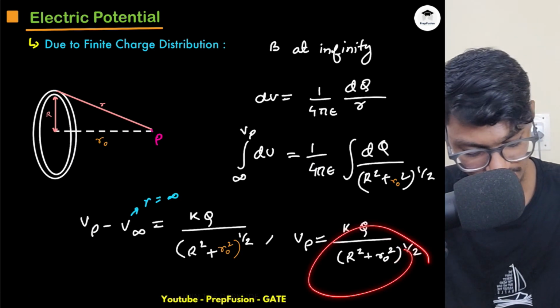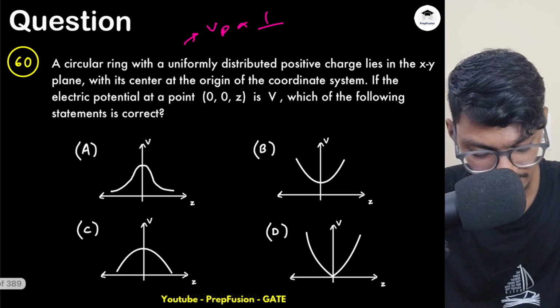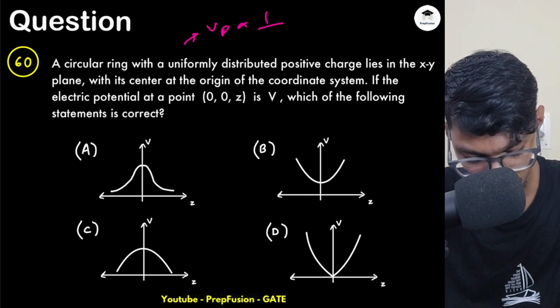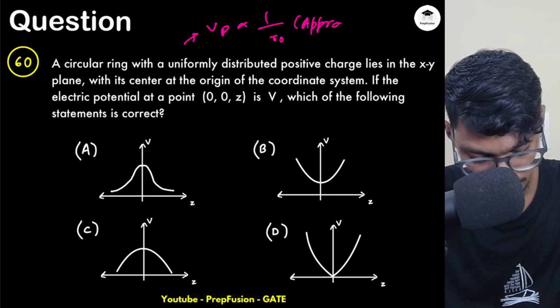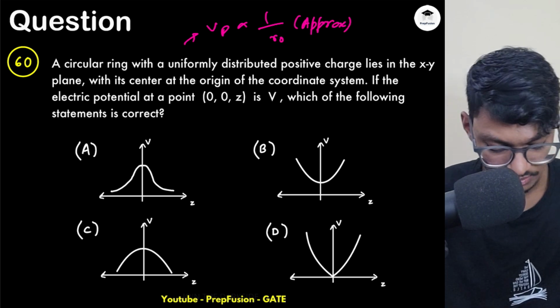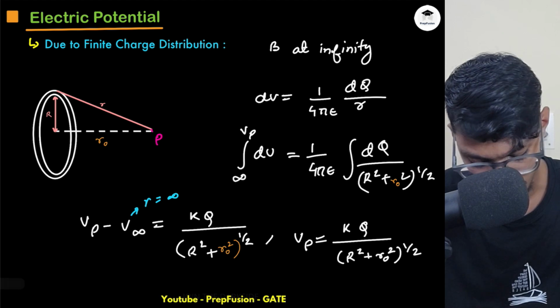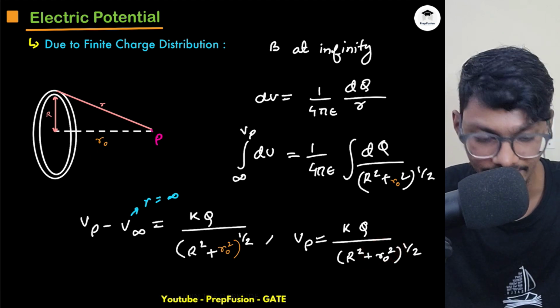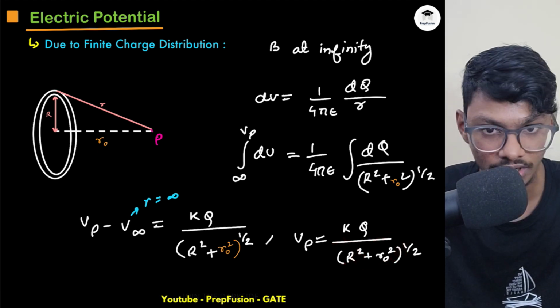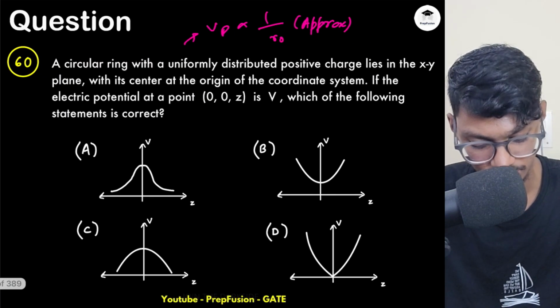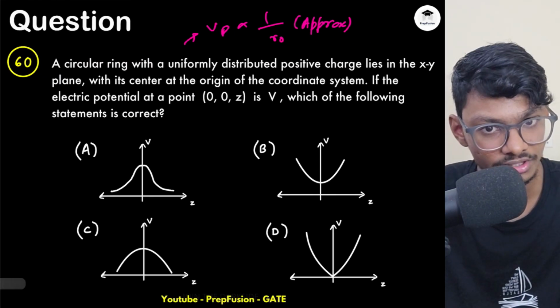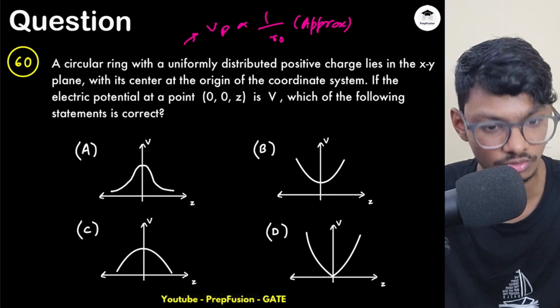There is some other relation as well. So approximately I can say it varies like 1 by r naught. If this r naught is very high, I can ignore this r, so it becomes totally inversely proportional. It keeps on reducing, and at r naught equals infinity, it will become 0.